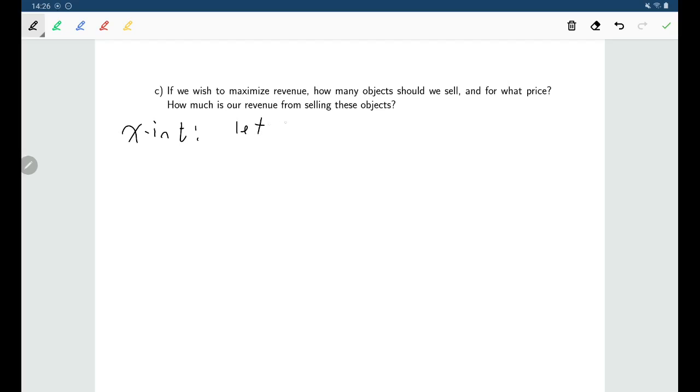So I'm going to start off by finding my x-intercepts. I'm going to do that by letting r of x be equal to 0. And because we had r of x already written in factored form, it's easy enough for us to find out where those x-intercepts are.